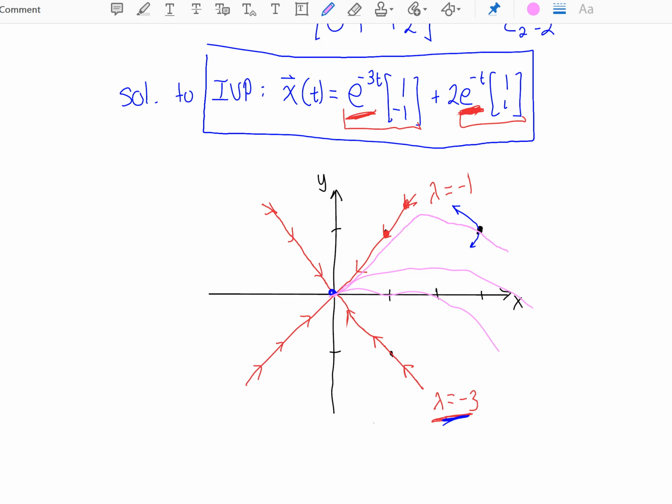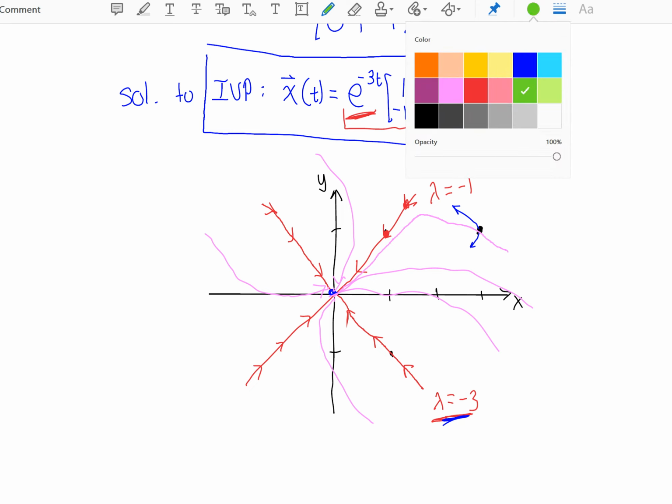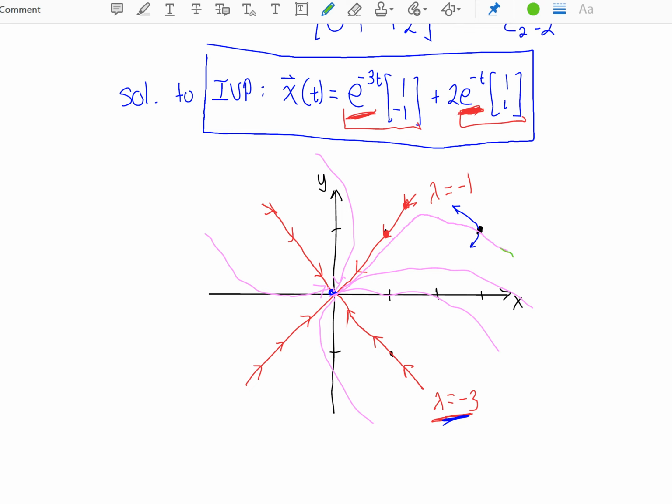Notice they come towards the origin, but they come in being really pulled hard by that eigenvalue of negative 3. It'll look something like that. These are what typical curves would look like for this system of equations. However, the one we were talking about, because we started at the ordered pair 3, 1, probably looks more like this one.